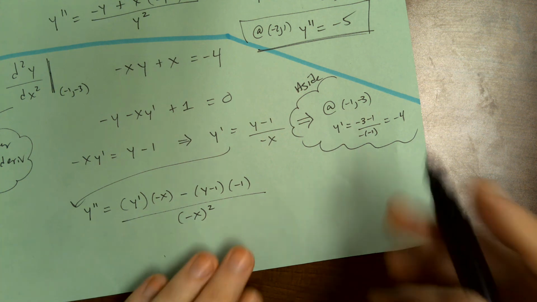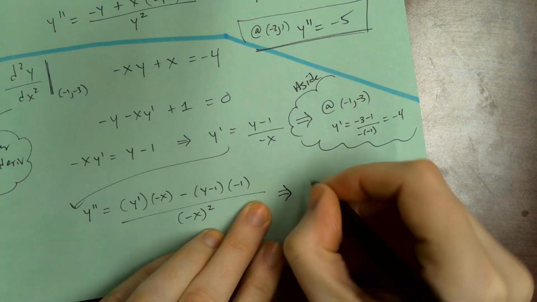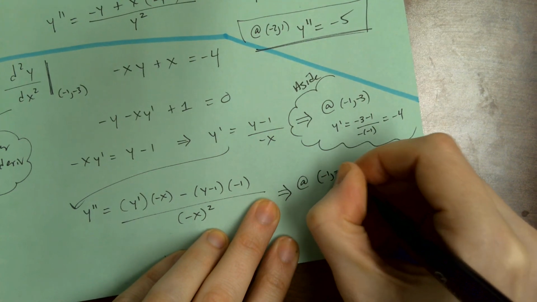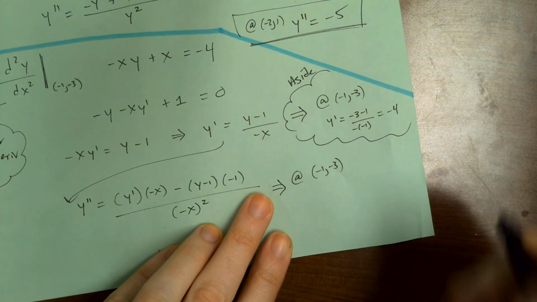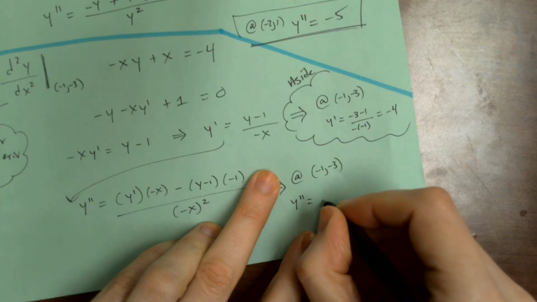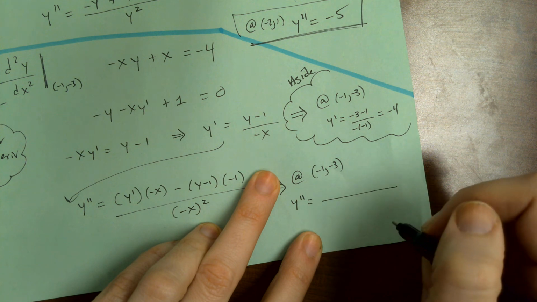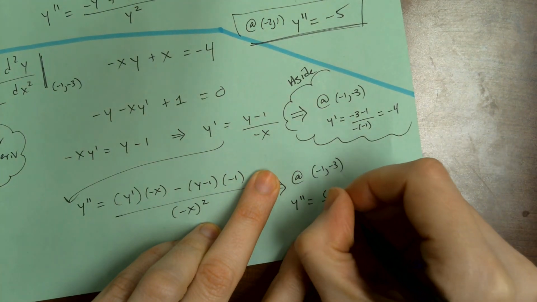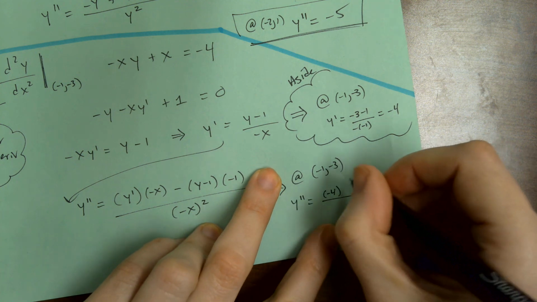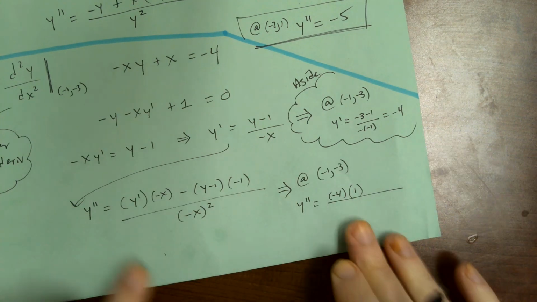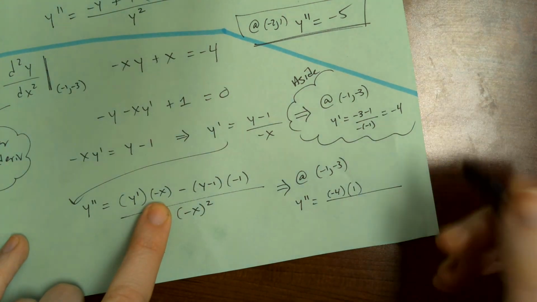So then at negative 1, negative 3, y double prime is, all right, in for y prime is negative 4. And then this will be positive 1 because it's a negative 1.